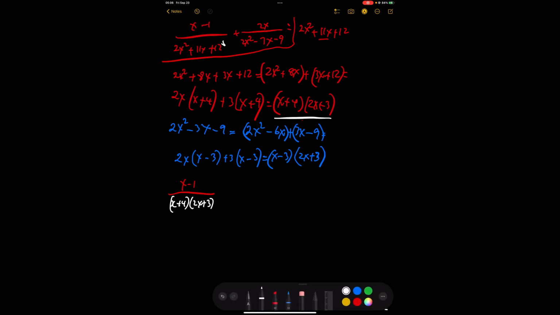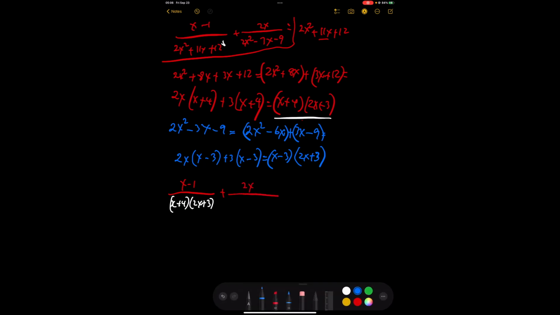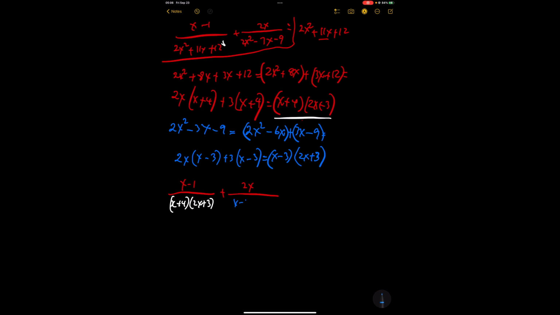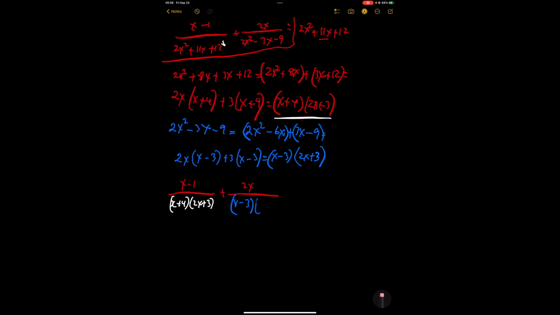And then I'm going to write the second one, plus 2x over, and the new denominator is x minus 3 times 2x plus 3.